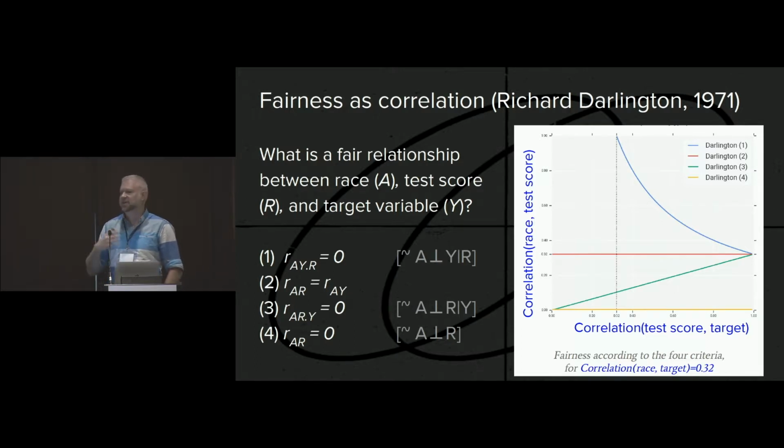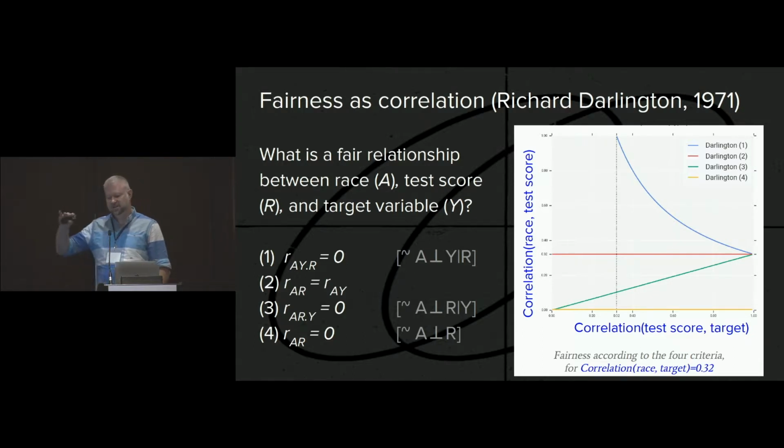By 1971, there were already multiple competing definitions of fairness. However, they'd been expressed in different ways, and one of the contributions of Richard Darlington was to reformulate some of the existing definitions by that time in a common language, and he uses the language of correlations to compare them. And we can see here that 3 of the 4 definitions that he's considering actually have close relationships to ideas of separation, sufficiency, and independence.